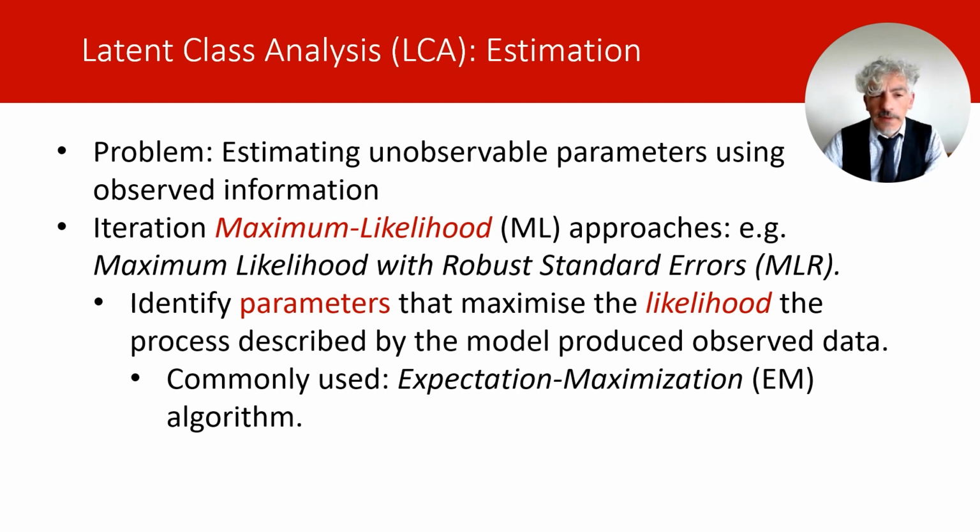But commonly, the maximum likelihood approaches are used for this purpose. These identify the set of model parameters that maximize the likelihood that the process described by the model produced the data we observed. So within maximum likelihood, the two-step expectation maximization algorithm is commonly used.